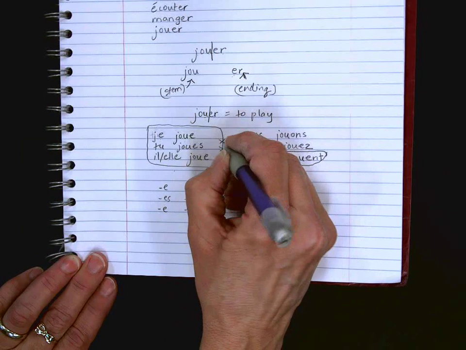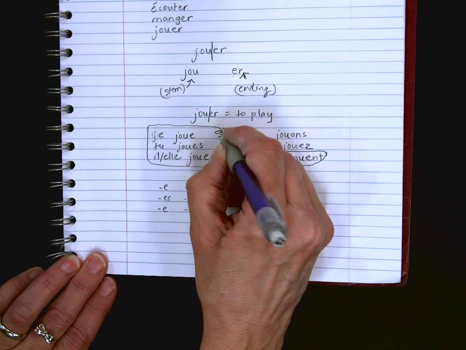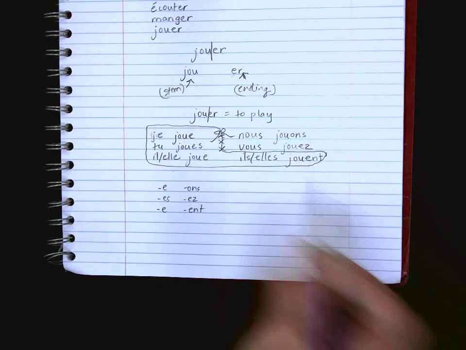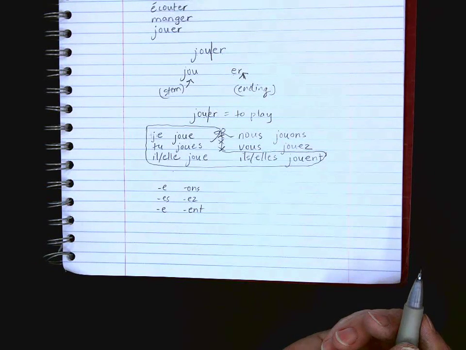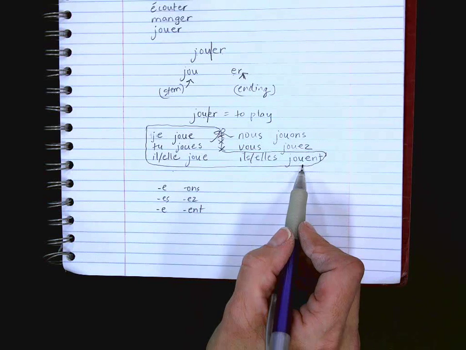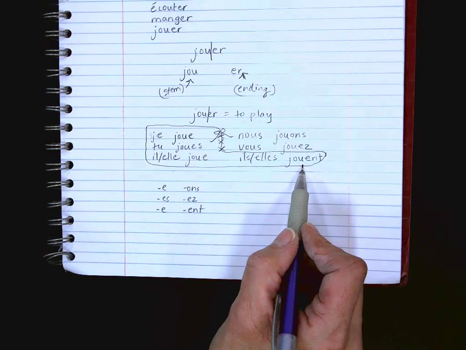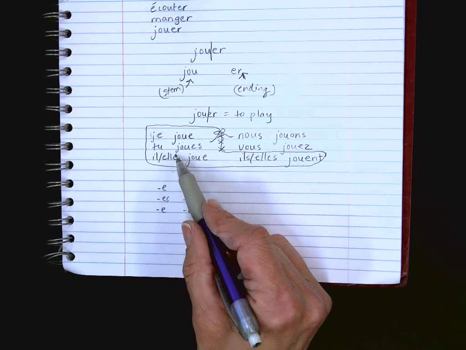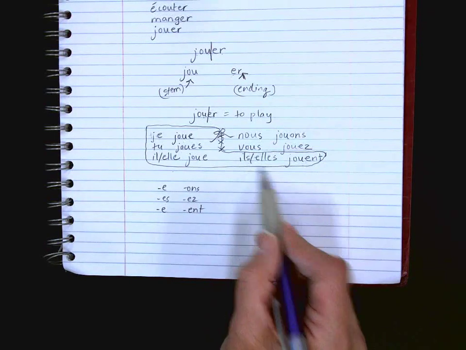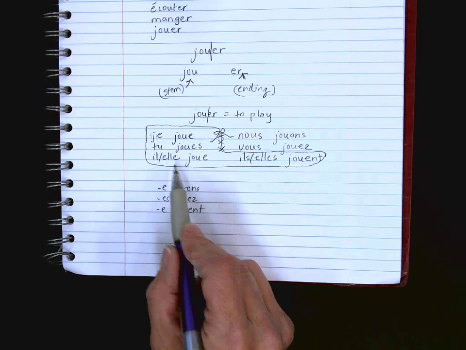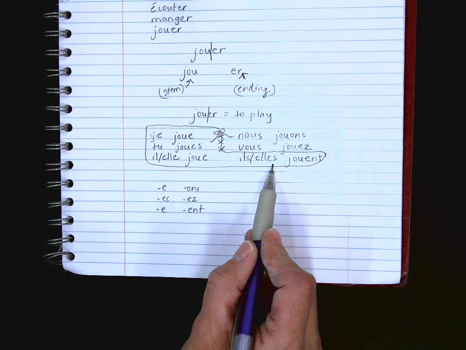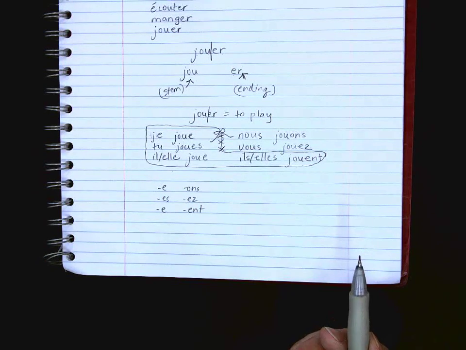Here's the laces. And it reminds you that everything inside the boot is pronounced the same. It reminds you that this is silent. It's a silent ending. So, je joue, tu joues, il joue, elle joue, ils jouent, elles jouent. You can't tell the difference between singular and plural when you're speaking in this particular case.